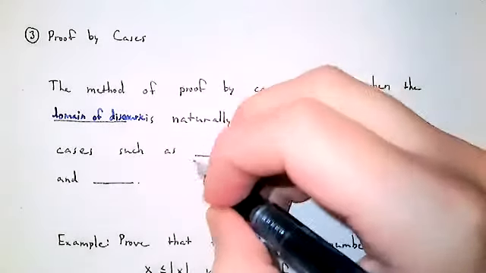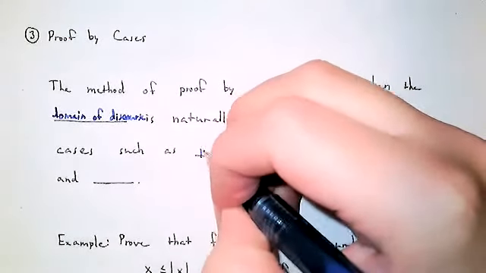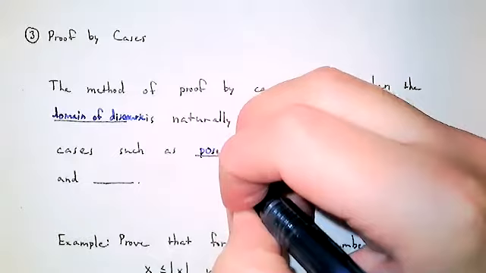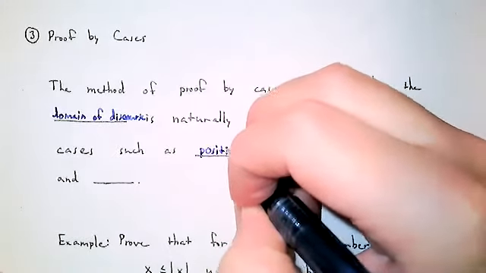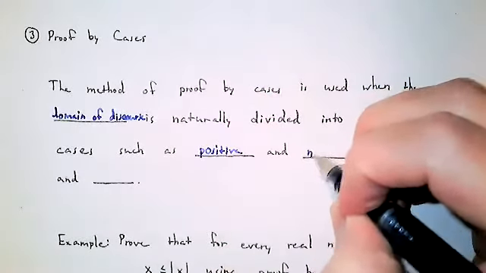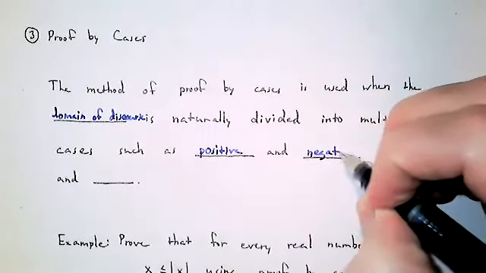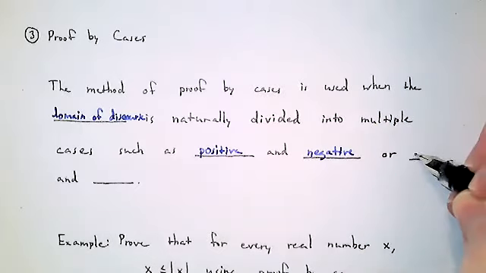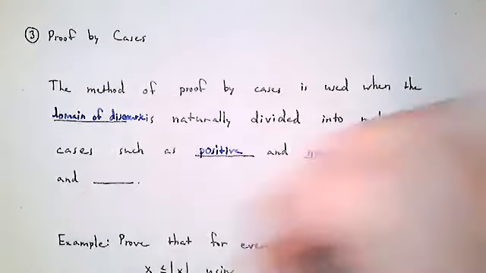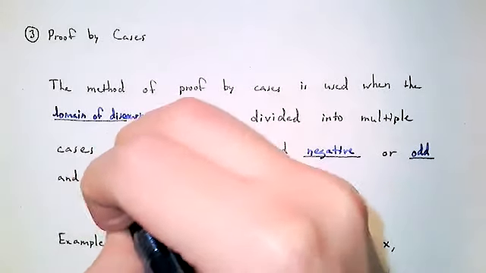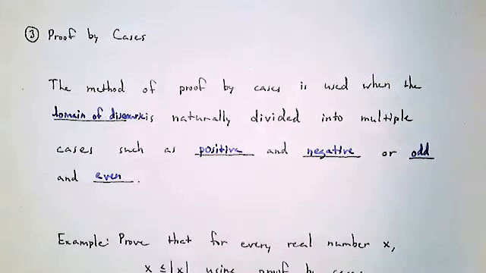And I mean things like positive and negative, or maybe odd and even. So those are some simple kinds of divisions.